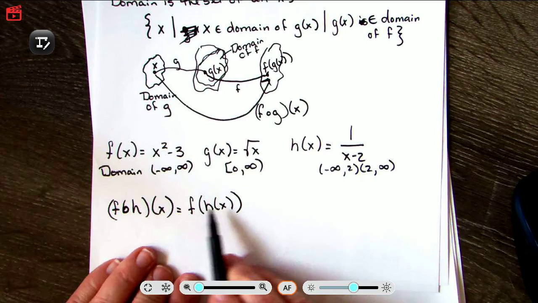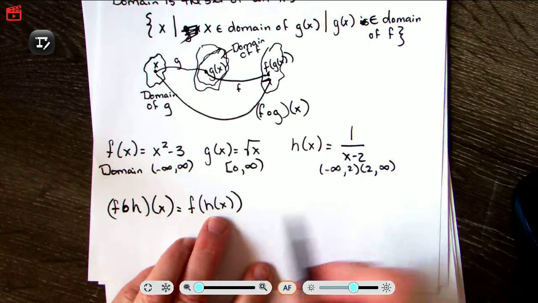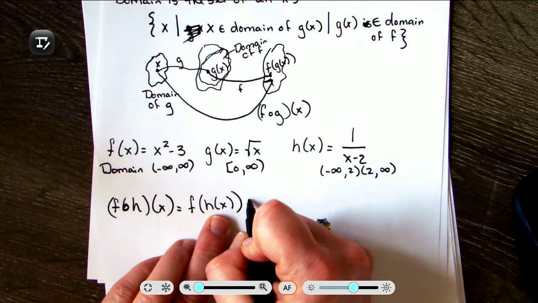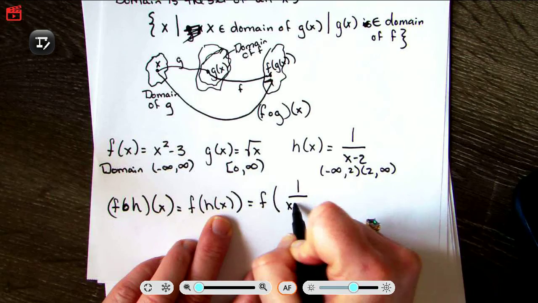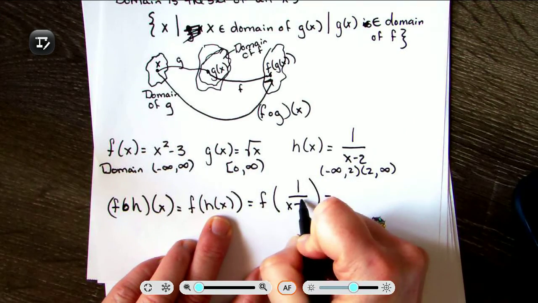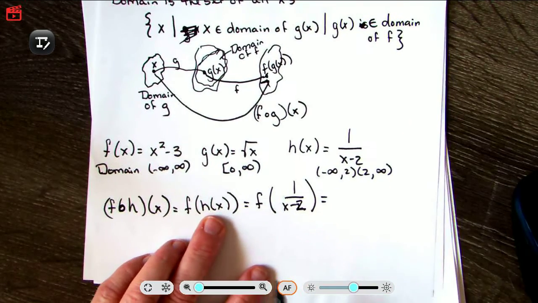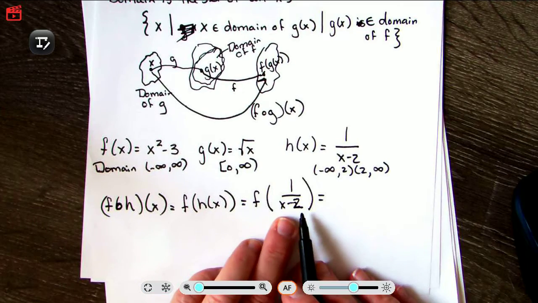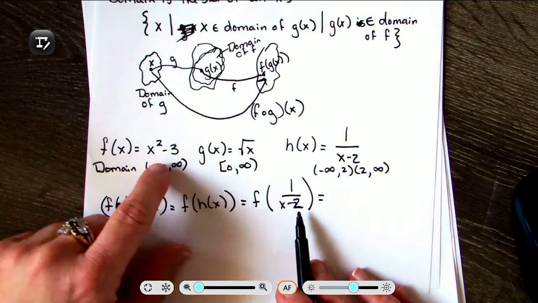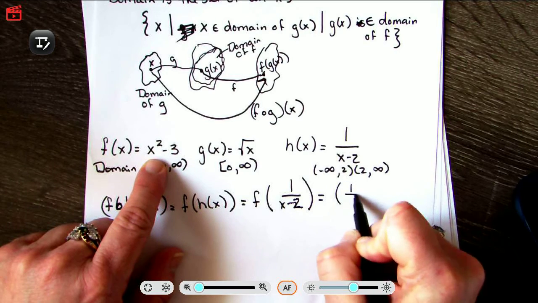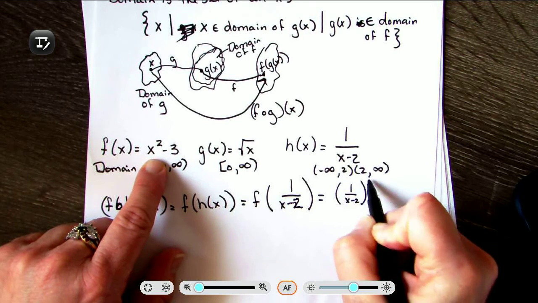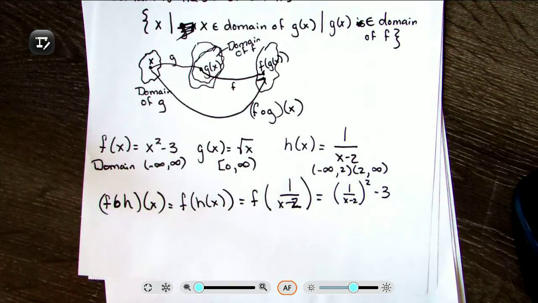That's how it's defined. Now h of x is this thing, so that means we're going to do f of 1 over x minus 2. Then we take this 1 over x minus 2 and substitute it in here. That's going to give us 1 over x minus 2, squared, minus 3.